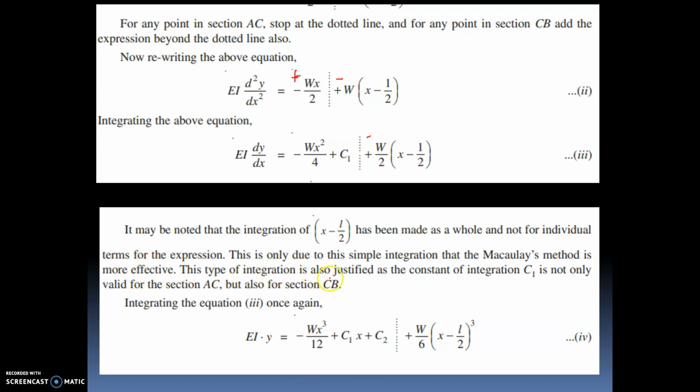This type of integration is also justified as the constant of integration C1 is valid not only for the section AC but also for section CB. Okay, this is one equation. Again integrate this equation.